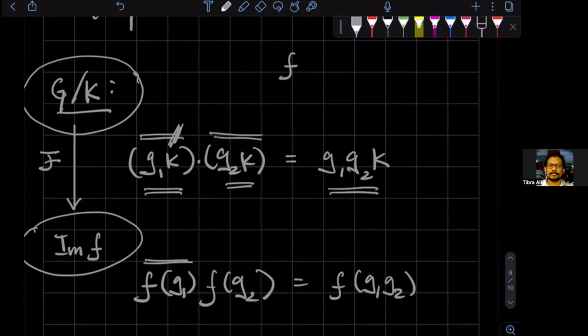And G2 of K maps to this thing, and this thing maps to this thing. But the group product here is the product in G over K, and the group product here is the product in the image of F.